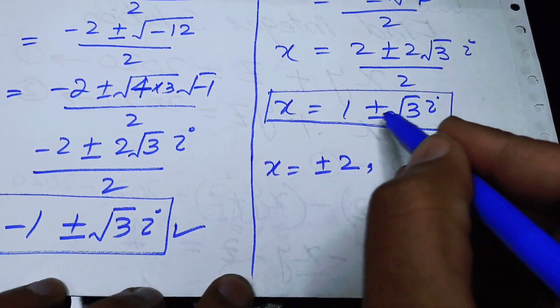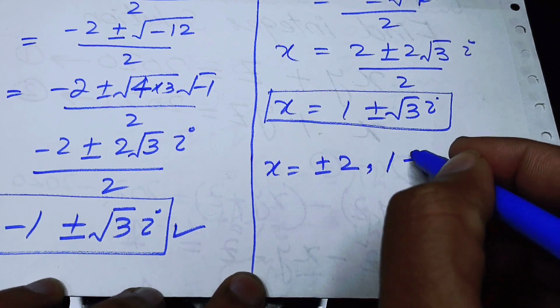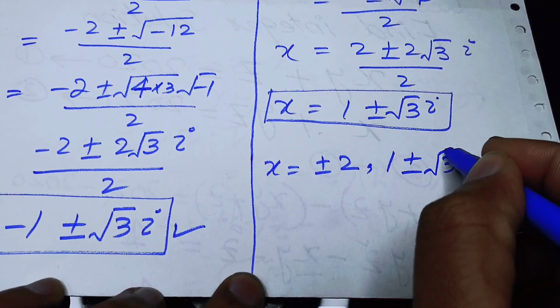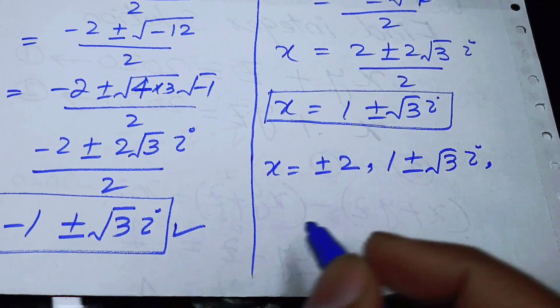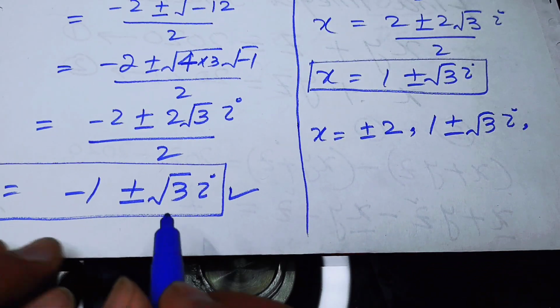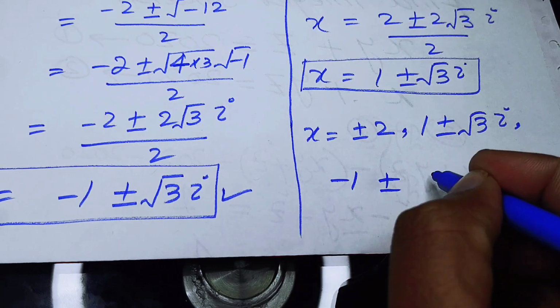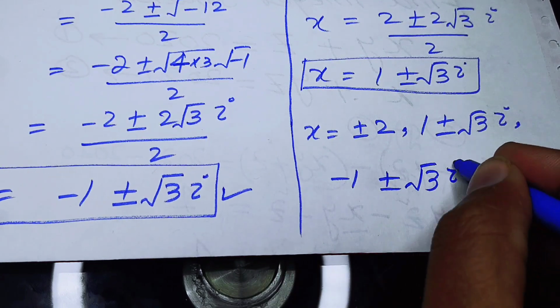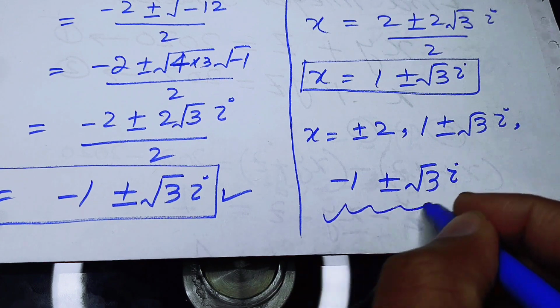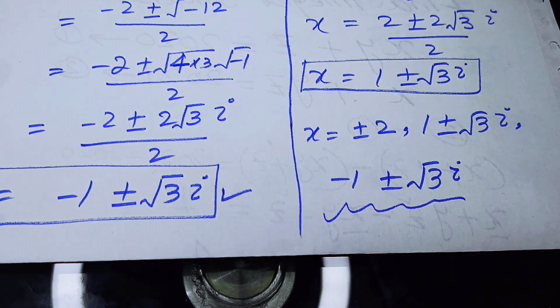Two more solutions are 1 plus minus square root 3 iota, and the remaining 2 solutions I can write as minus 1 plus minus square root 3 iota. So these are our 6 required solutions.